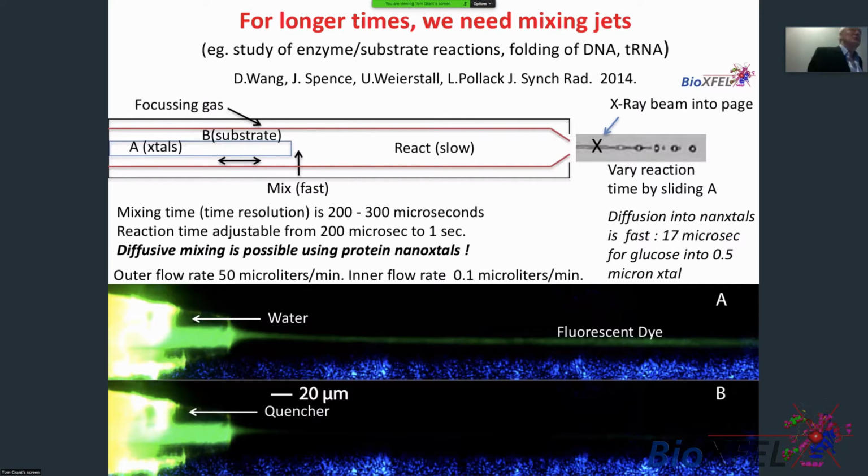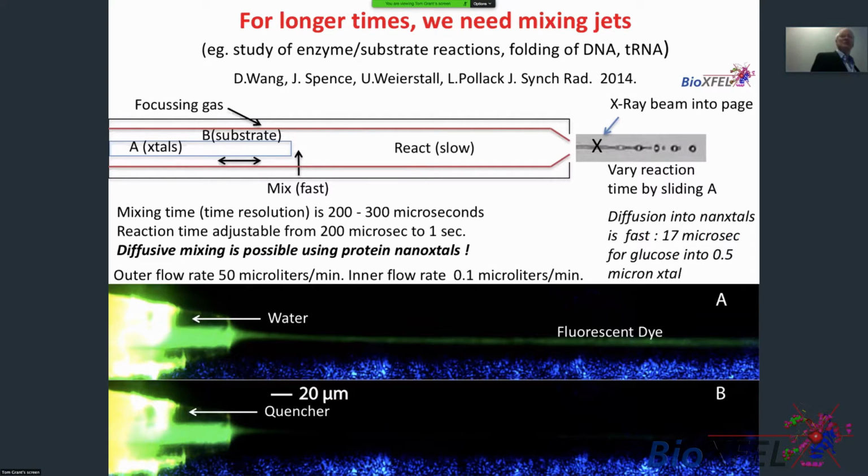But a third important point, and Marius has written a paper about this, is that the diffusion of the species into the little crystals, if the crystals are small enough, is fast enough not to limit the time resolution. And that's a critical point. So we can use diffusive mixing and work at physiological temperatures and avoid radiation damage and get atomic resolution. That's the point. That's what's new about this work. And we have our first results.